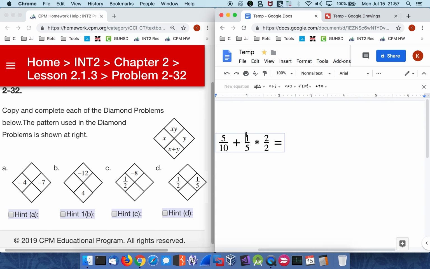Then 2 times 1 gives us 2 up there. 5 times 2 gives us 10, which is what we want, because now the denominators are the same. Now it's pretty easy. 7 over 10. Boom. There's our top answer, because that's 1/2 plus 1/5, 7/10. Done. Alright, let's save this one off and move on to the next one.